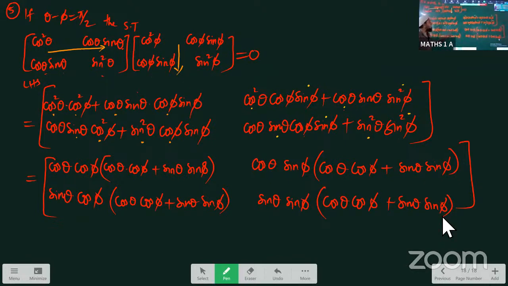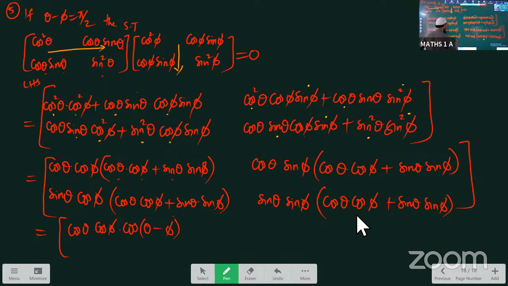Cos A cos B plus sin A sin B is the formula for cos of A minus B. So this is cos of theta minus phi, and the same cos of theta minus phi comes here, here as well as here.